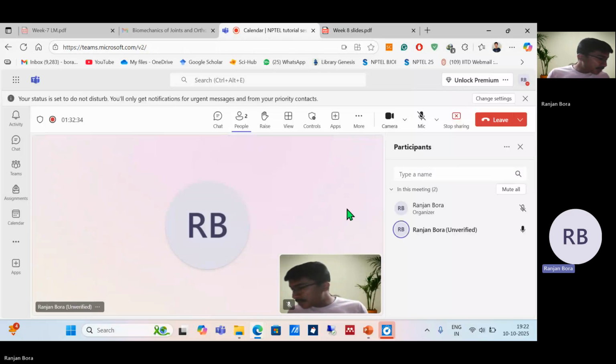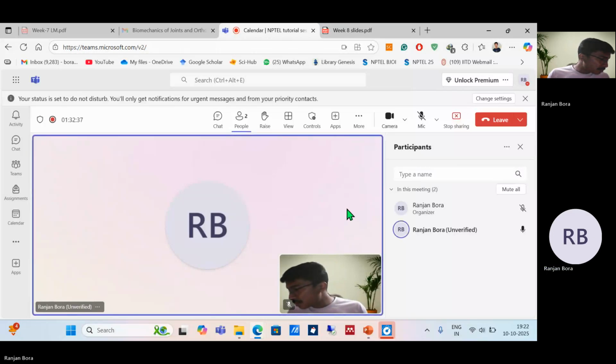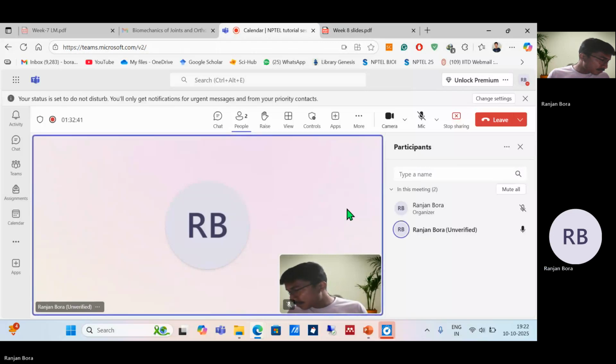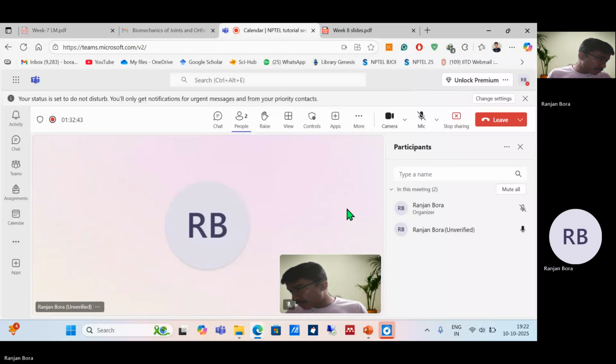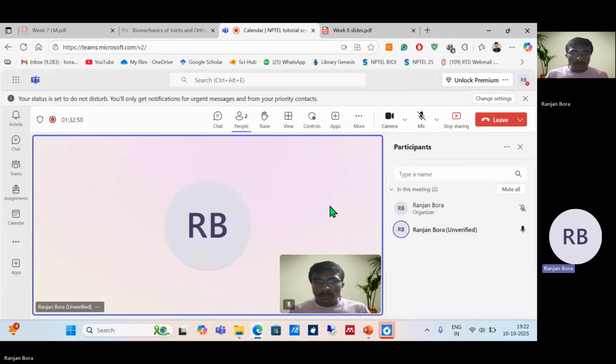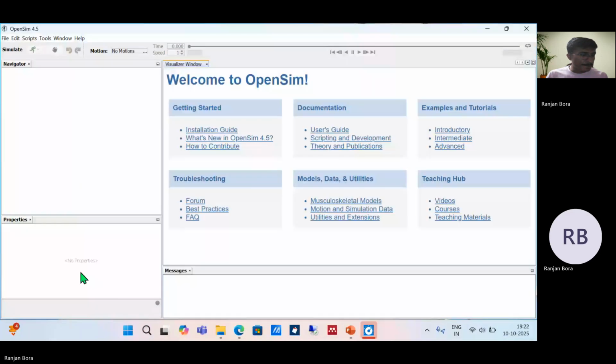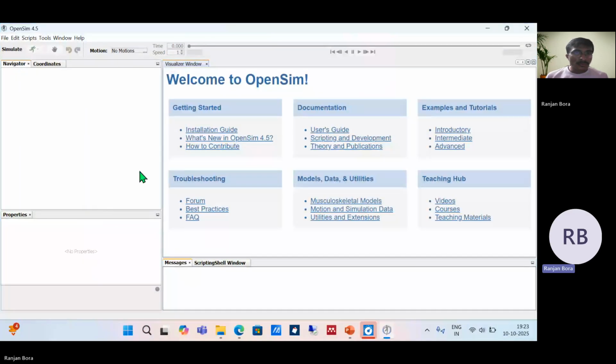I hope my screen is visible. So it is visible. Here we will open the OpenSim software. So this is the graphical user interface, or GUI, of the OpenSim software.